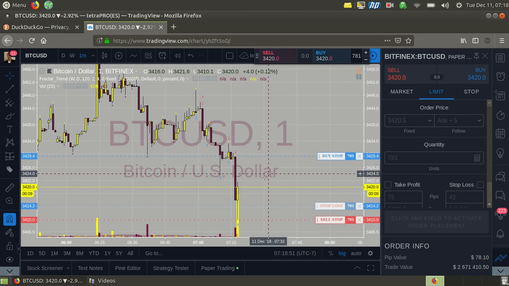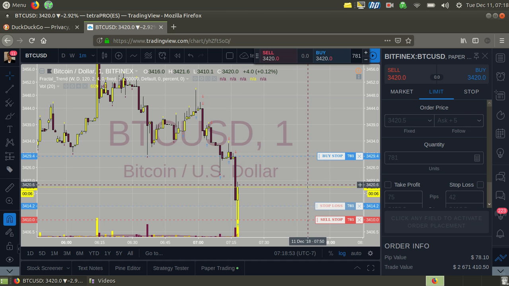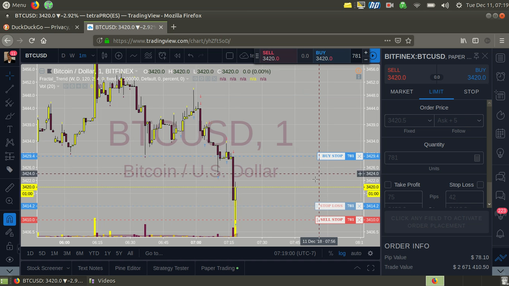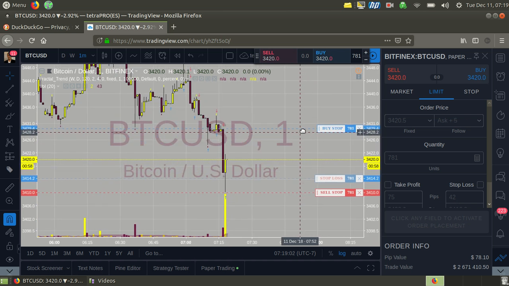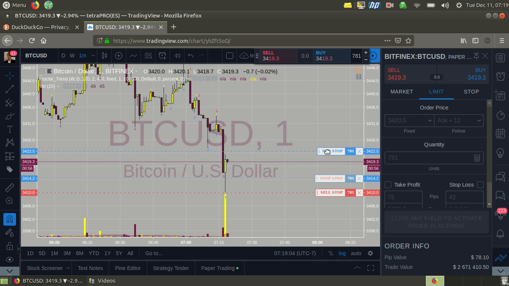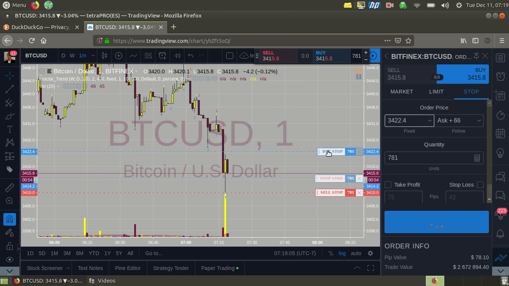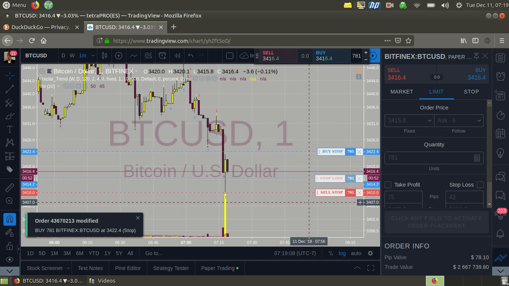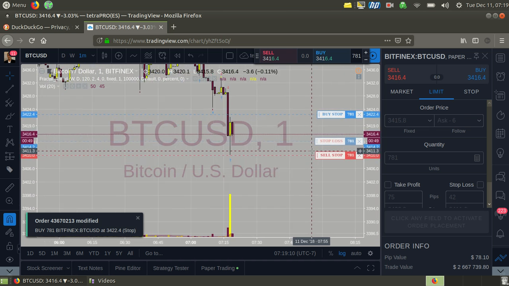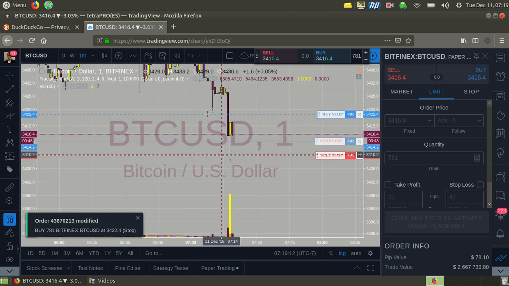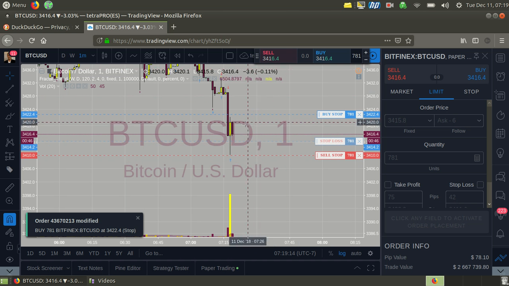There's 10 seconds left on this bar, and then we can move this buy stop down. I don't know where price is going to go from here, right? It could go down further. It's going down. It could go up farther from this point.